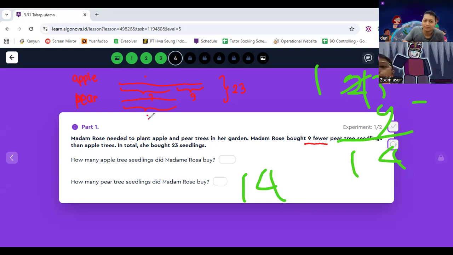So it's 7 and 7. Okay, so what's the apple? And then how many the pear?